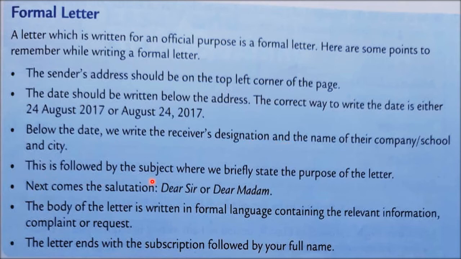This is followed by the subject or the purpose of writing the letter, where we briefly state why the letter is written, what is the reason for writing that letter. That is the purpose, which is included in the subject.